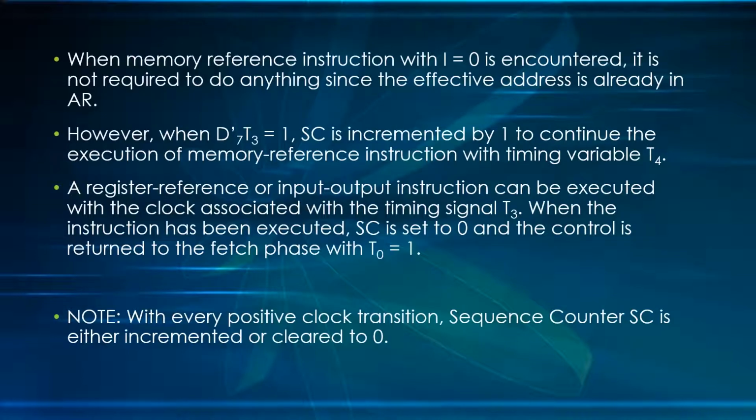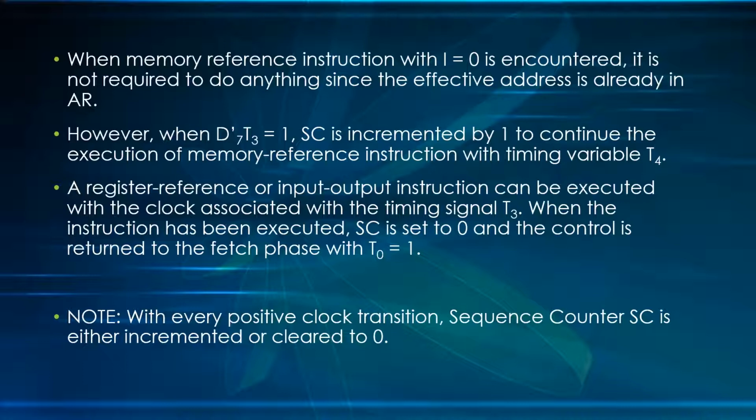When a memory reference instruction with I equal to 0 is encountered, it is not required to do anything since the effective address is already in AR. However, when D7'T3 is equal to 1, SC is incremented by 1 to continue the execution of the memory reference instruction with timing variable T4.